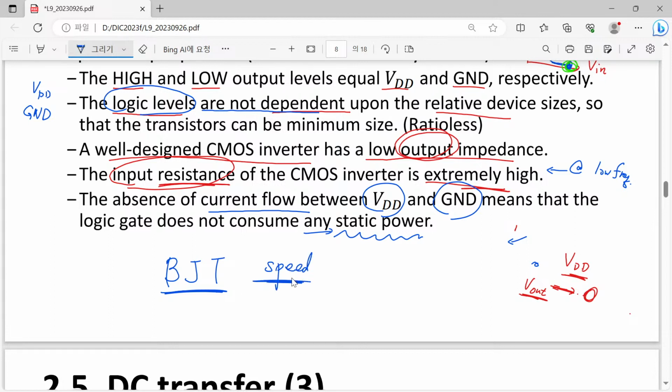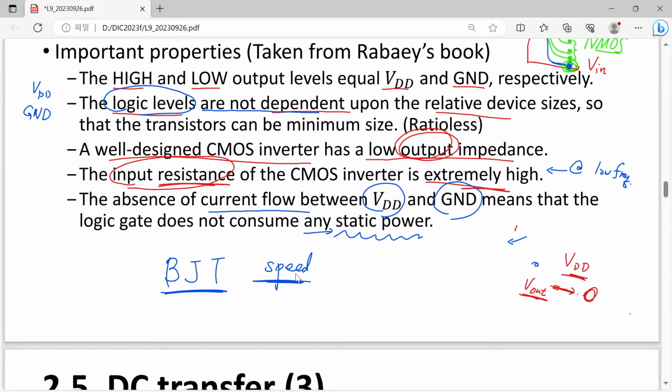It is quite fast even compared to CMOS technology. However, eventually now we have just CMOS technology all over the world. Why?